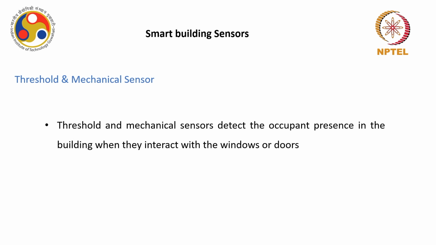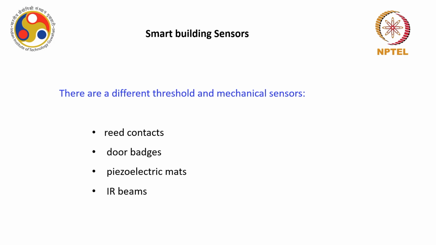This something can be the windows or the doors of any room, or the main gate, or anything with which the occupant can interact in the building. Okay. There are different threshold and mechanical sensors in a smart building, and some of them are reed contacts, door badges, piezoelectric mats and IR beams.